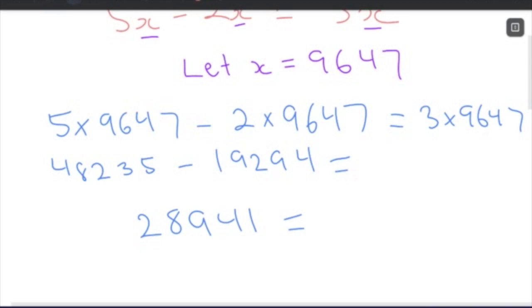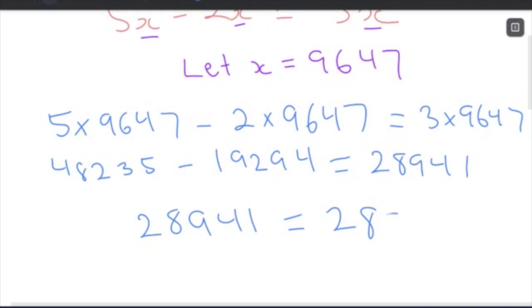So my number here, whatever I get when I multiply 3 by 9,647, that should be the exact same thing as this. Now let's check it out. And lo and behold, when I put that into my calculator, I get the exact same thing.